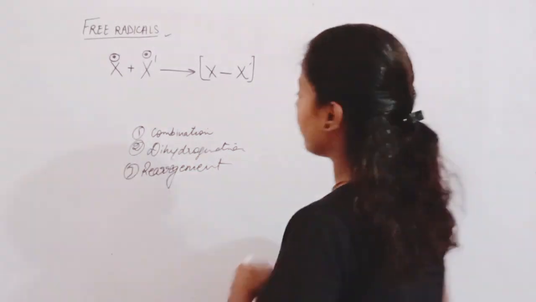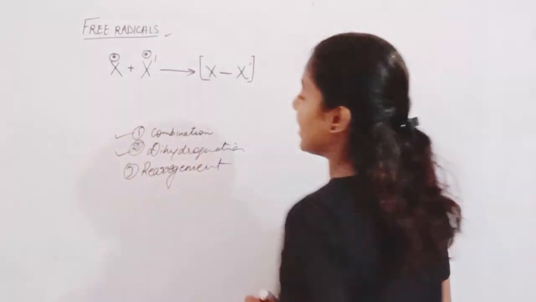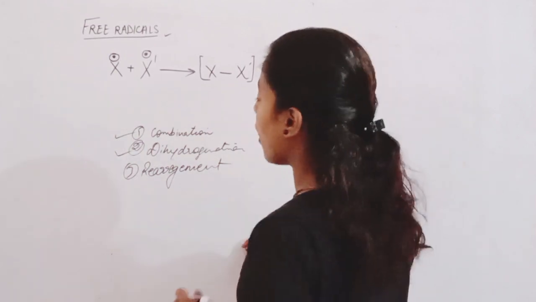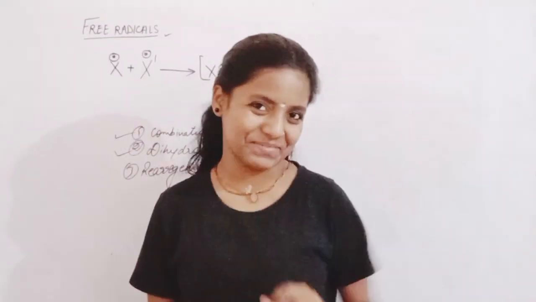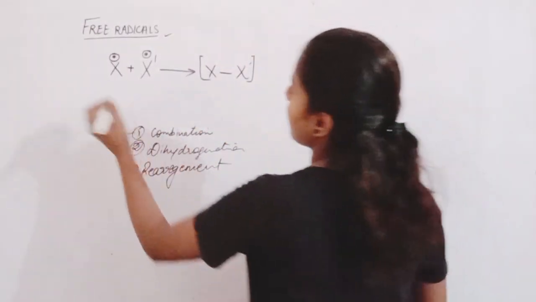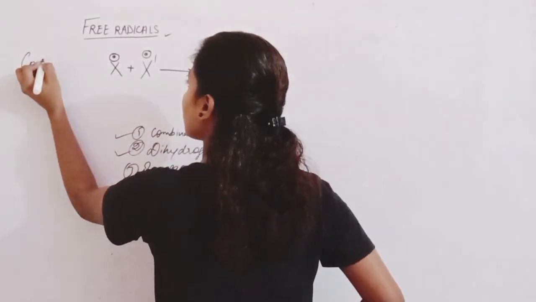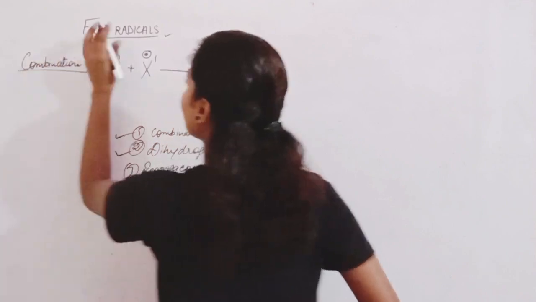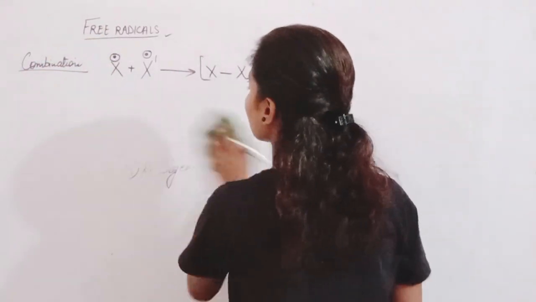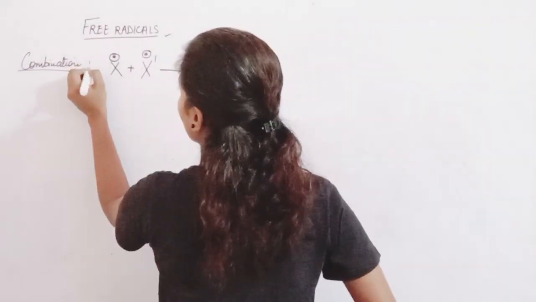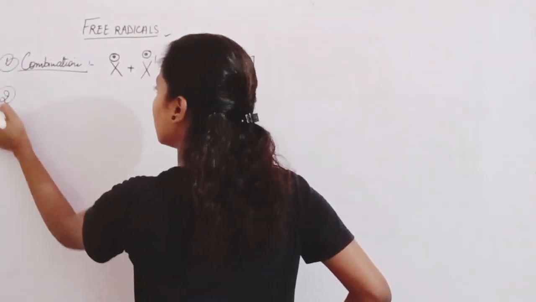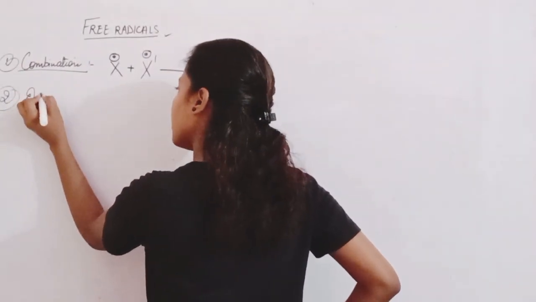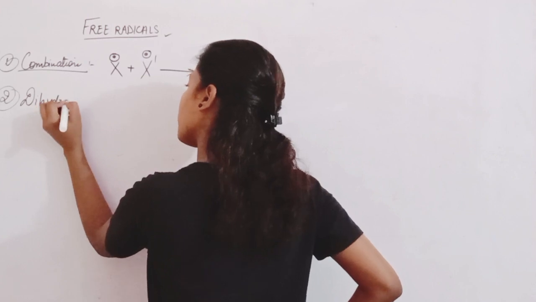But in 11th, we'll be studying and focusing upon combination and dehydrogenation, not on rearrangement. That is in 12th. Okay? So this particular example is of your combination free radical. Now let's talk about your second type, that is your dehydrogenation.